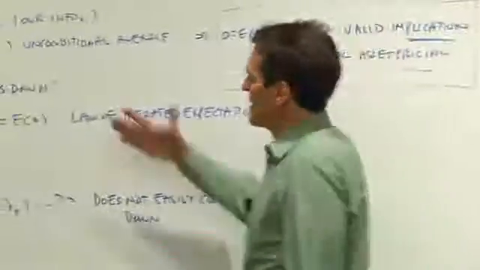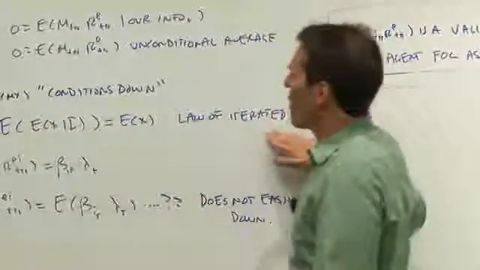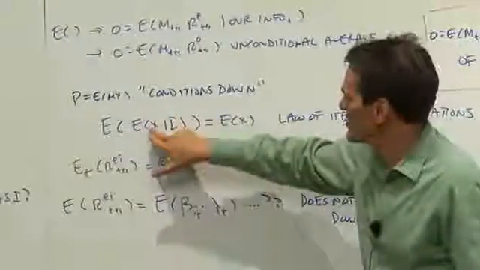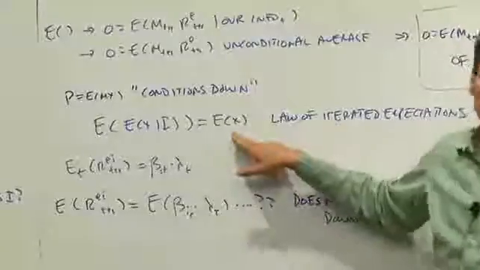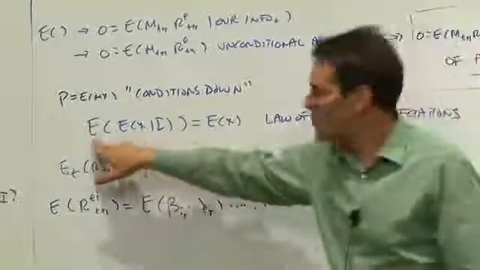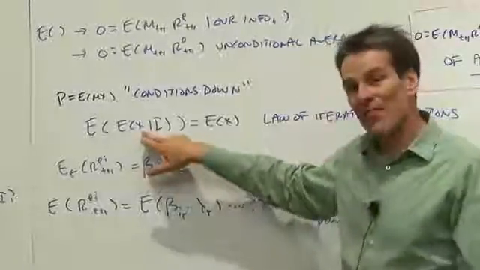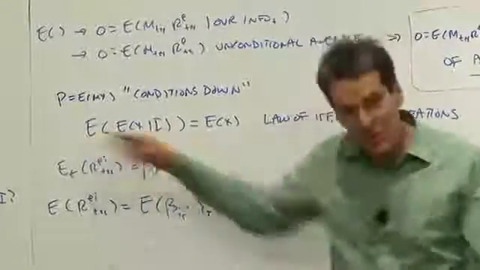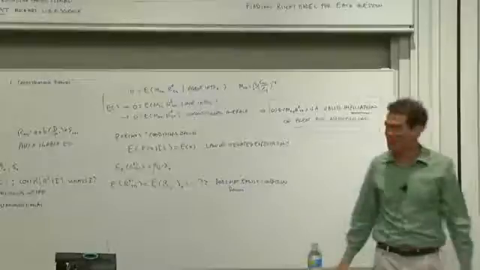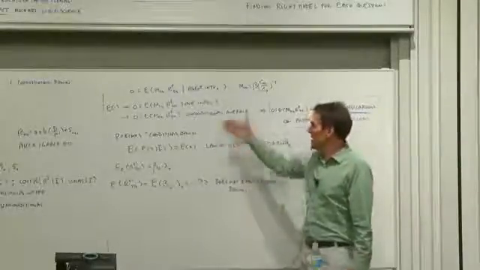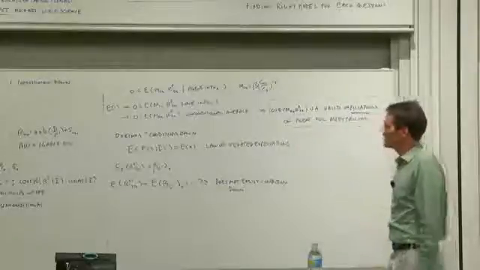There's a theorem called the law of iterated expectations. The expected value of a conditional expectation is just the expected value. What you think today that you're going to think tomorrow about the weather the day after tomorrow is just what you think today about the weather the day after tomorrow. It's a fairly straightforward proposition, but it has this important implication for us.